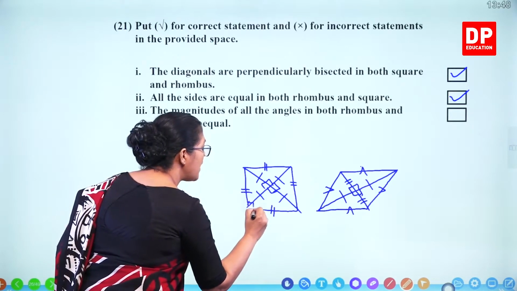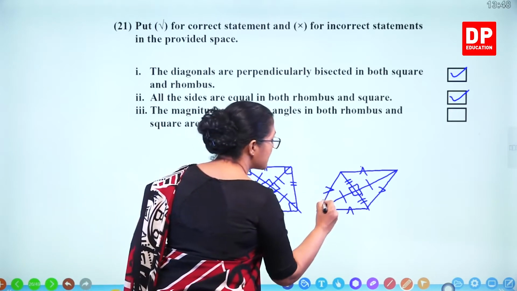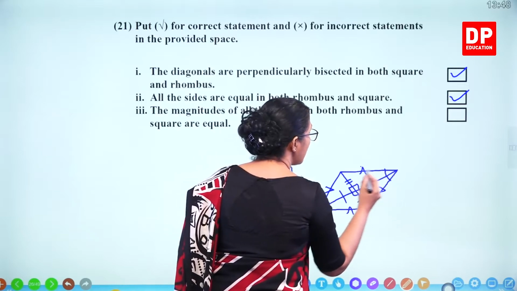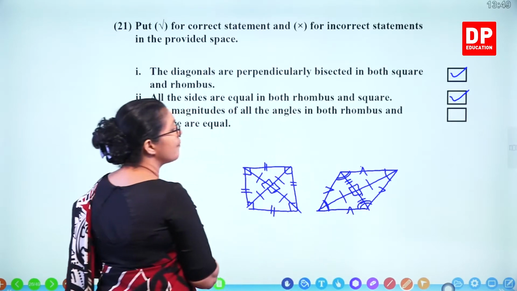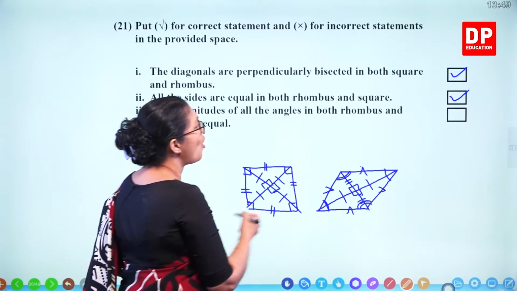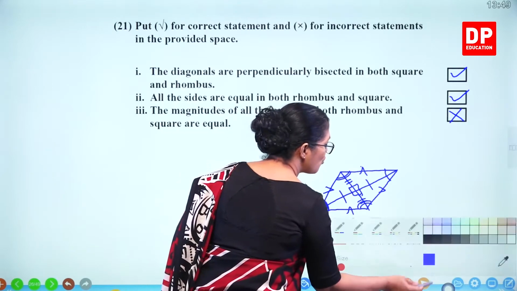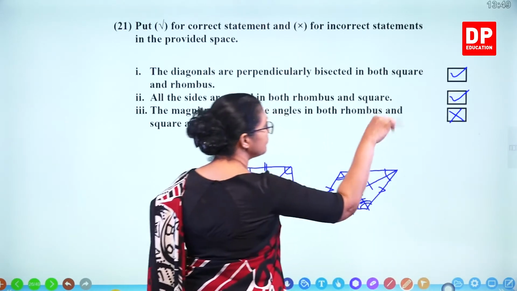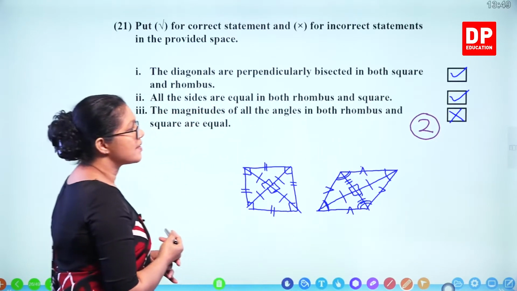For a square, that's true. All angles are 90 degrees, but for a rhombus, opposite angles are equal. This is not the same. So that's wrong. This statement is wrong. So you get 2 marks for these solutions.